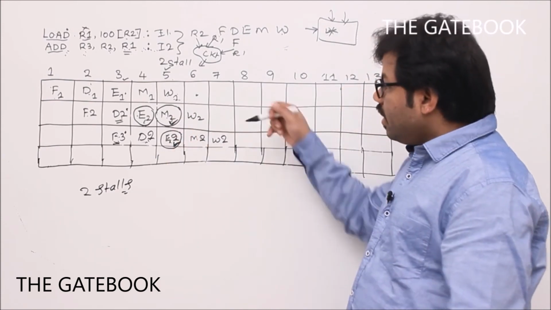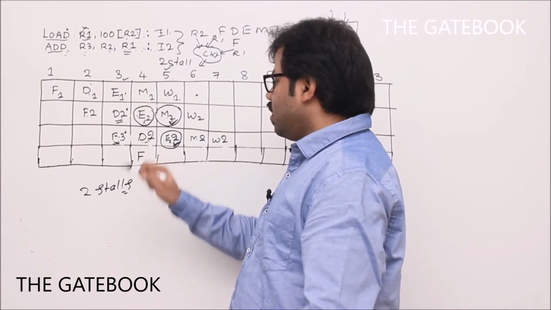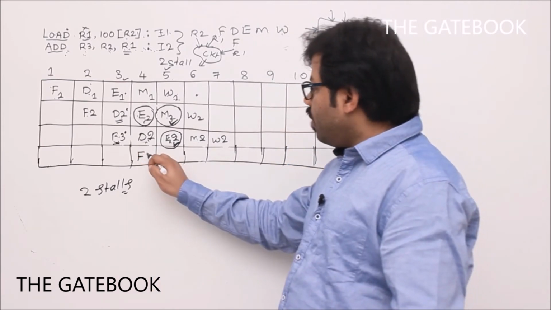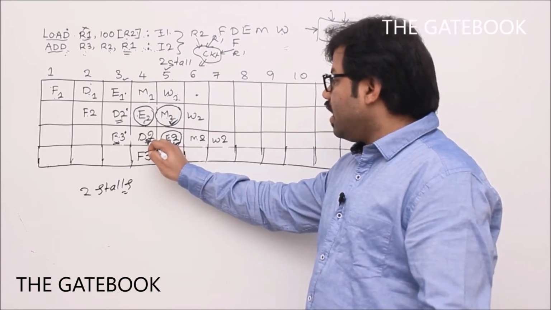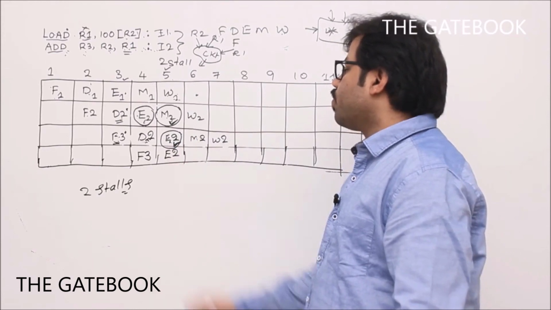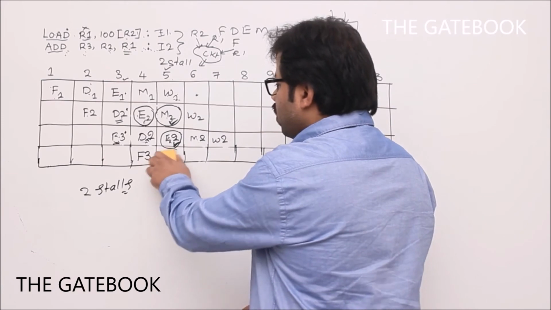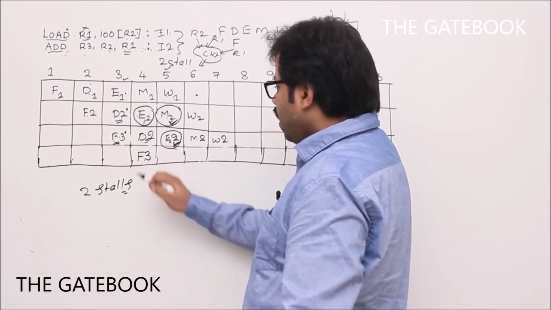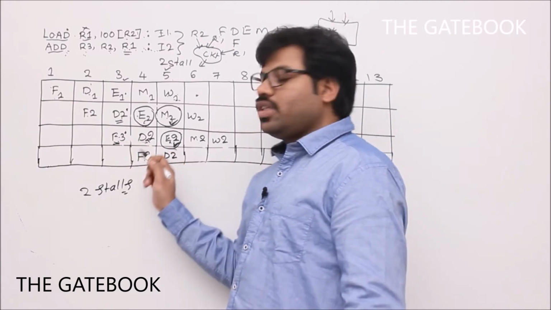Now in the next clock cycle, this time we will be serious, correct? So we will be really fetching F3 again, but we are seriously decoding D2 and we are seriously executing E2. Understand? Here we will be fetching F3, and here we will be decoding D2 again, because we are introducing 2 clock cycles.